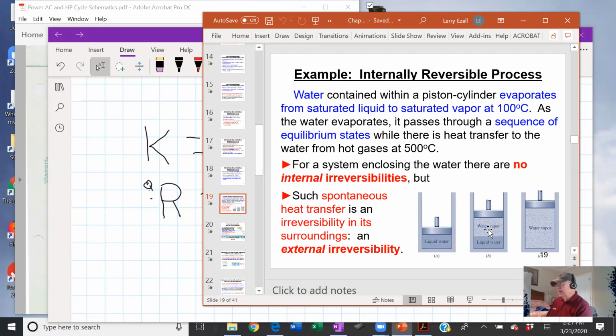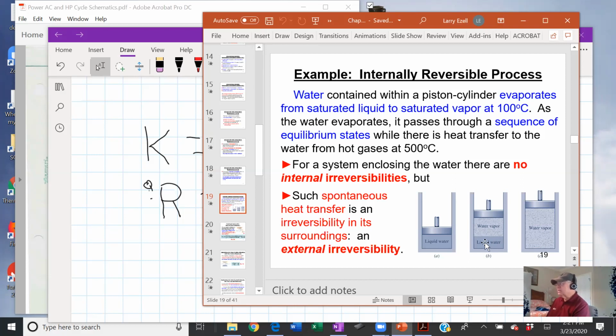Okay, so we start adding heat, and some of the liquid water becomes water vapor, and that's a mixture. If we look at this mixture, about 35% of the volume is liquid water, and about 65% by volume is water vapor.